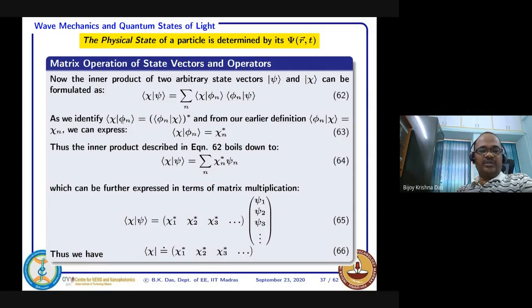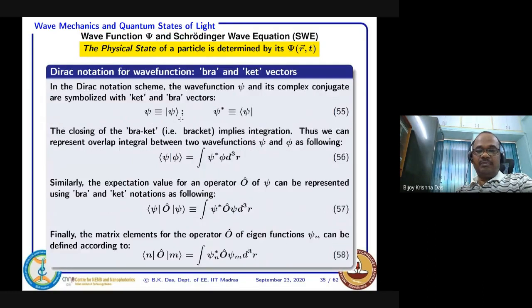or any two state vectors, from the quantum mechanical point of view, then you have to take the complex conjugate of it. So phi n comes to the bra side and chi comes to the ket side, then you have to take the complex conjugate. This can be understood very simply using equation 56.